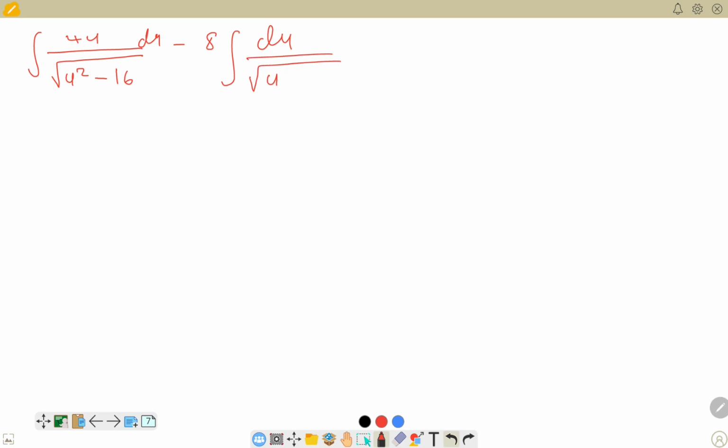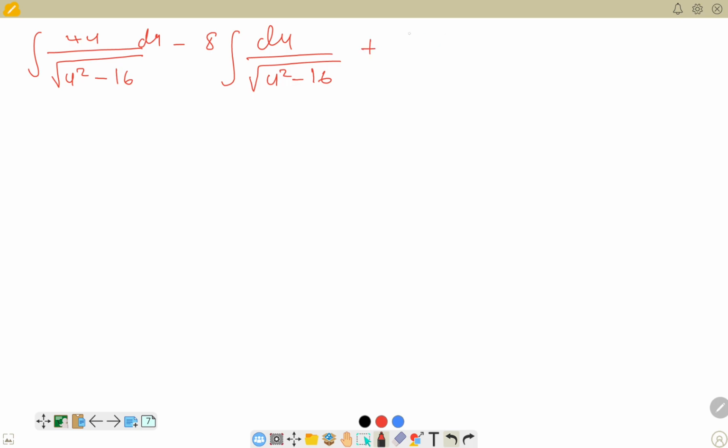Then when we do that, we end up having integral of 4u over the square root of u squared minus 16, then minus 8 integral du over the square root of u squared minus 16.